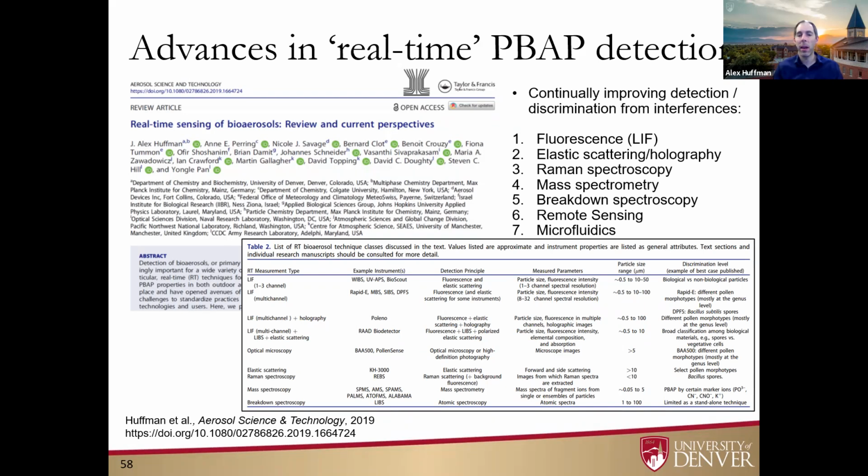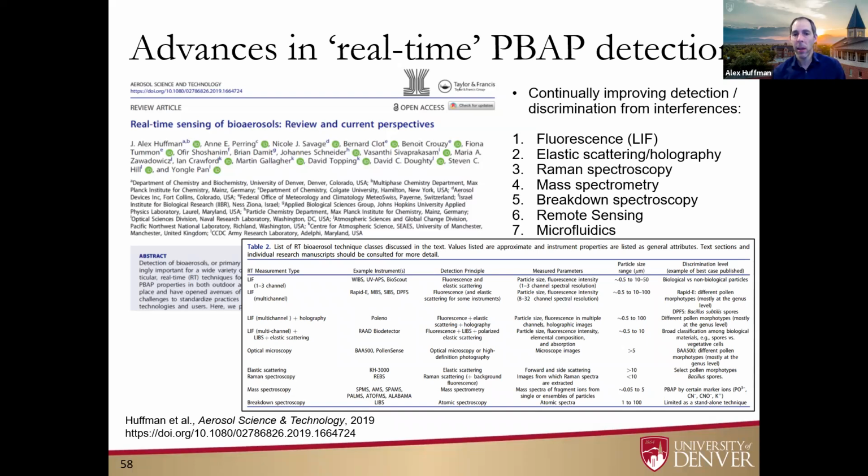Then there is breakdown spectroscopy, where you hit the biological aerosol with a laser pulse or other spark-induced energy, basically break it into elements, and infer that it's biological based on the elemental composition.